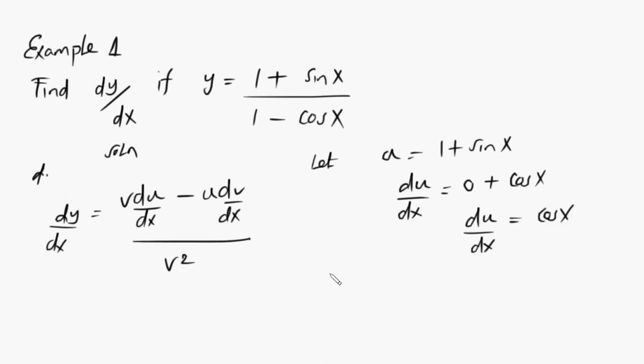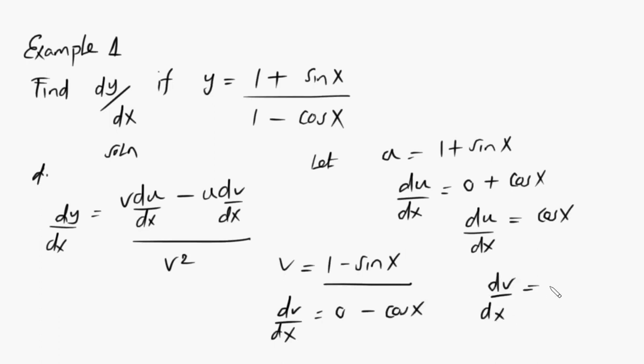And then v is equal to 1 minus sin x. So dv/dx, differentiate 1 is 0, differentiate sin x is cos x. So my dv/dx now is just 0 minus cos x, which is negative cos x. So I have du/dx, I have dv/dx, I have v, and I also have u.